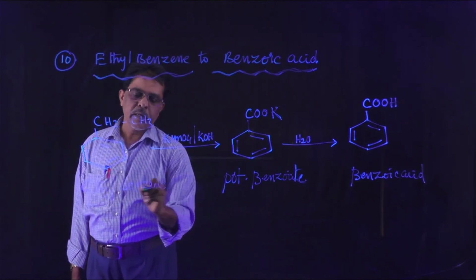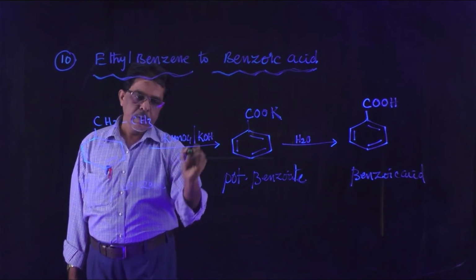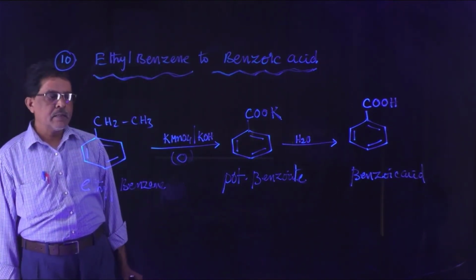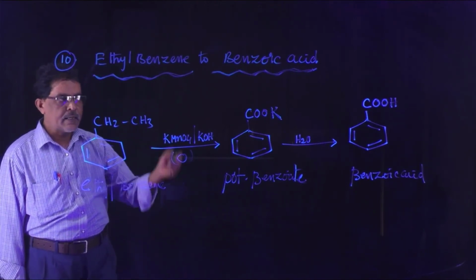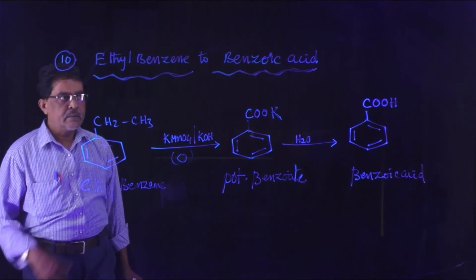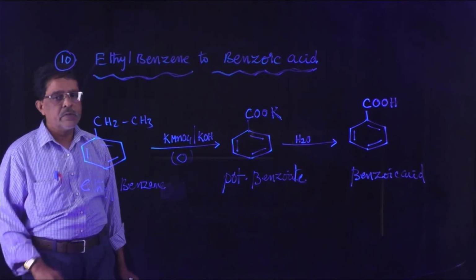So ethyl benzene is subjected to oxidation by a strong oxidizing agent, then we will get potassium benzoate. This potassium benzoate on hydrolysis gives benzoic acid. So this is the way of conversion of ethyl benzene into benzoic acid.